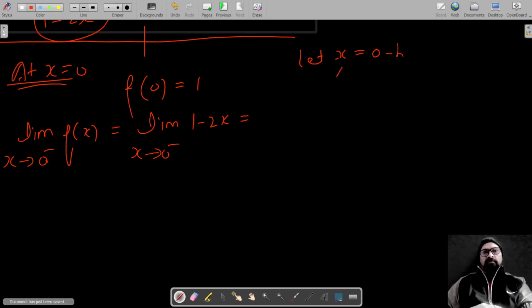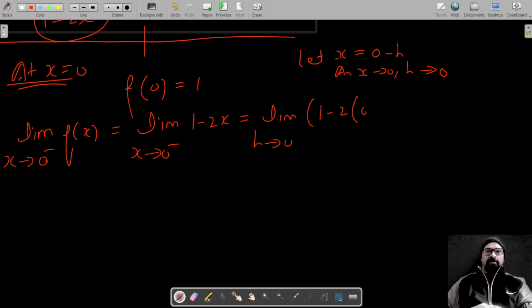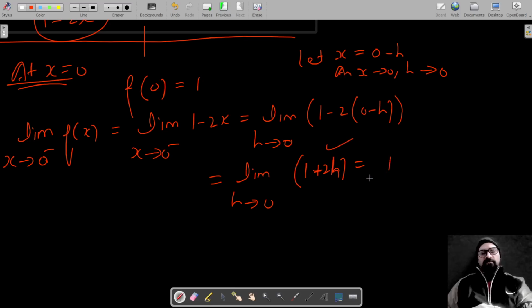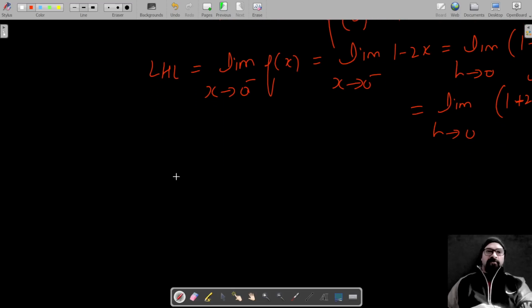So as x tends to 0, h tends to 0. So let's change this limit to limit h tends to 0. It is now 1 minus 2 into 0 minus h, which gives me limit h tends to 0 of 1 minus 2 into 0 plus 2h. And if we take the limit, that is if we put the value of h equal to 0 here, this is 1. So left hand limit is 1.